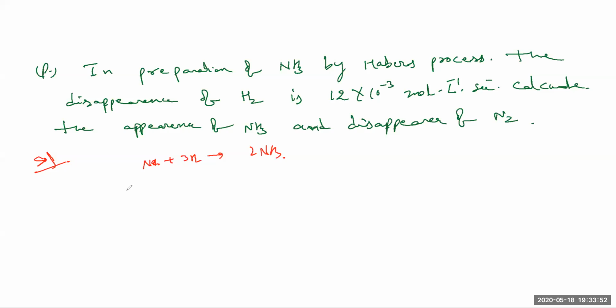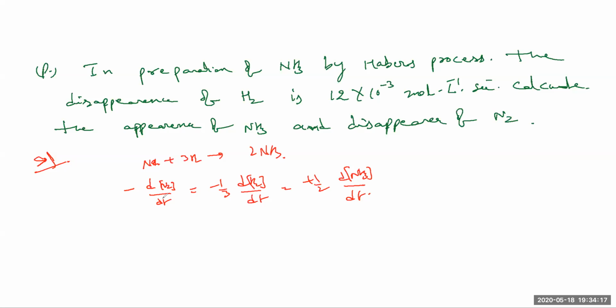What is the rate expression? Minus d of N2 by dt is equal to minus 1 by 3 d of H2 by dt is equal to plus 1 by 2 d of NH3 by dt. What is given? Disappearance of hydrogen is given, right? This part is given. So what did I ask now? Disappearance of nitrogen.